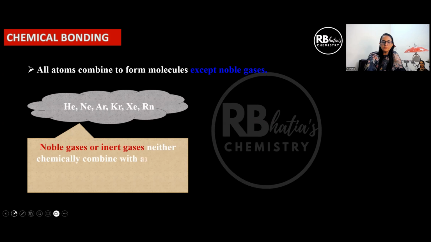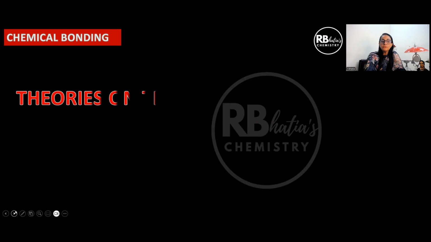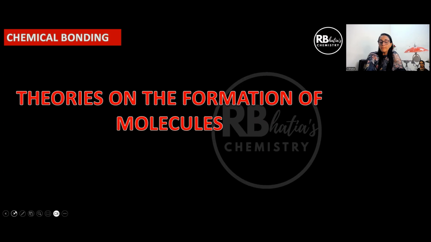Helium, neon, argon, krypton, xenon, radon, they do not have a tendency to combine because they have a stable octet. Although we do have some compounds formed from noble gases also, they are one such group of the periodic table which do not have or have negligible tendency to form bonds or compounds because they already have a satisfied complete octet.